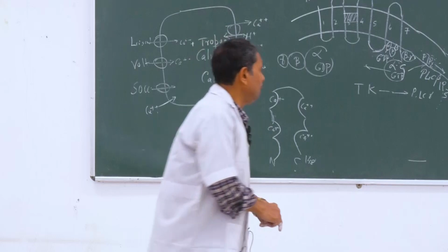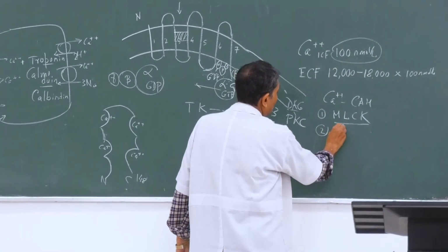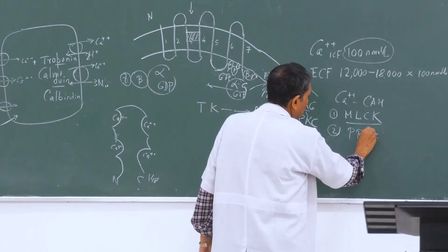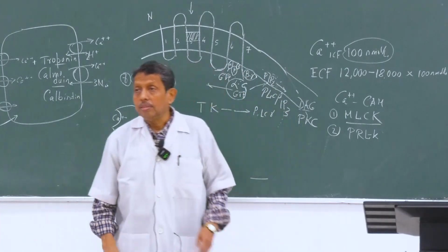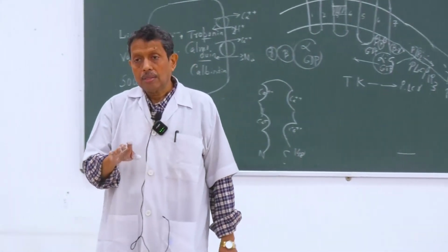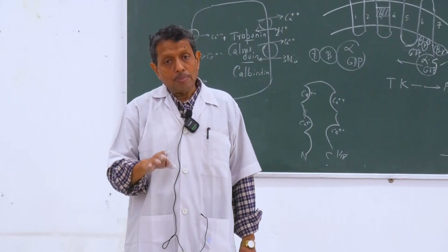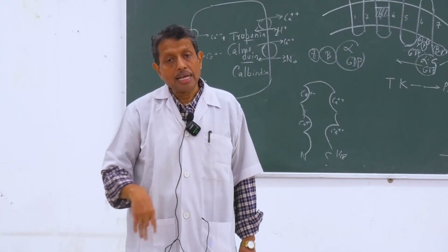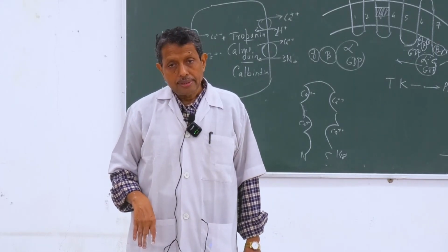Another is phosphorylase kinase. The term phosphorylase is familiar to you. Phosphorylase has its effect upon glycogen, and it may be activated by the cyclic AMP pathway and also by this kinase pathway.